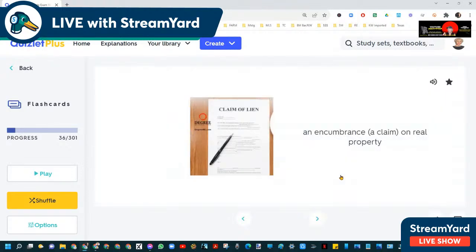Number 36, an encumbrance or a claim. An encumbrance, a claim on real property. What is an encumbrance on real property? They refer to an encumbrance as a claim.